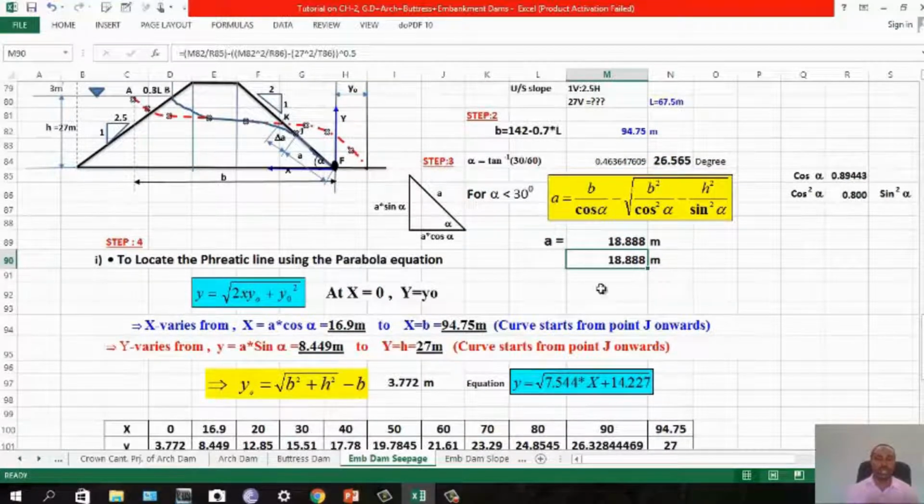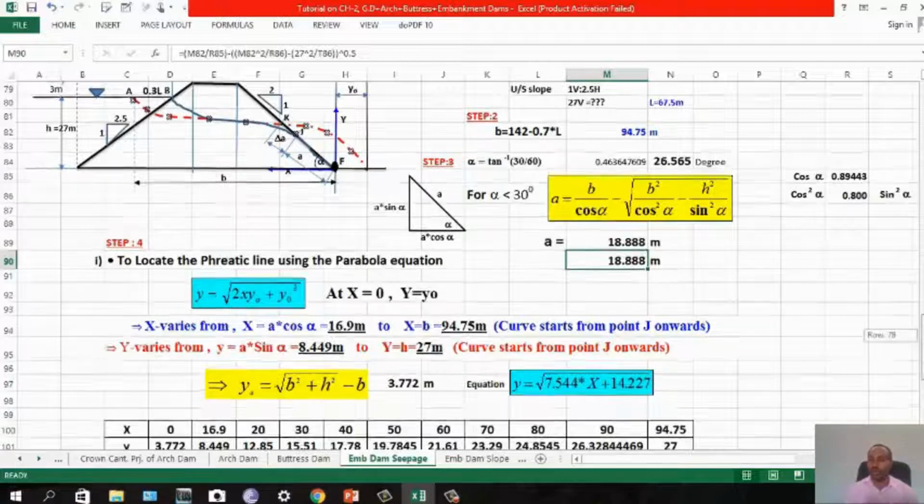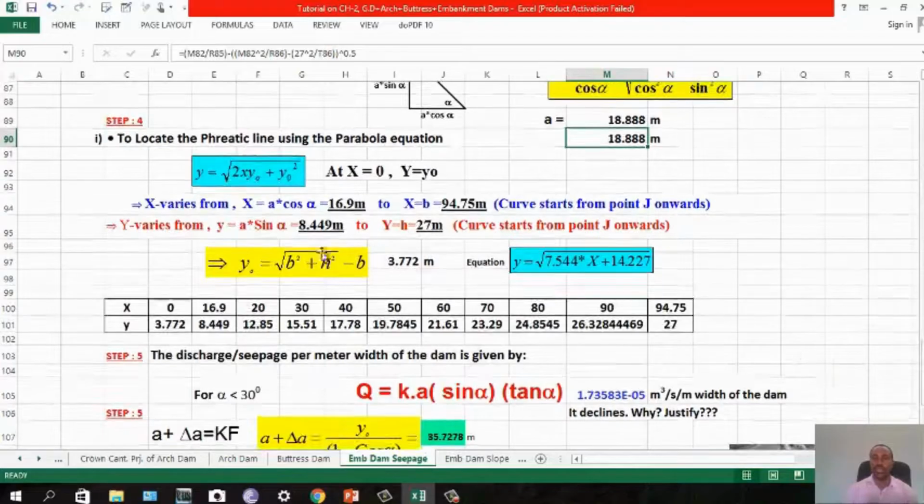You will plot the curve from J onwards to the upstream side, because this is tangent, which is a straight line. So you have a triangle, with the dimensions a cos alpha and a sin alpha. Similarly, the y value, a sin alpha 8.449, up to y equal to 8 meter.